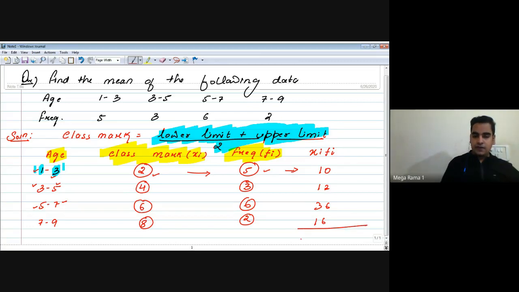Now what we do is we add these values of fi xi, and let me know the answer that you are getting. If you add these 4 values, what will you get? This one, this one, this one, this one.